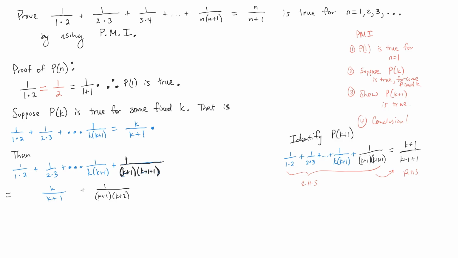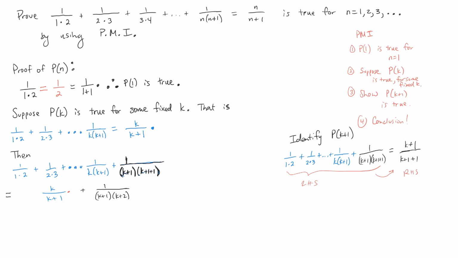And now you're familiar with this. This is where we do our busy work. This is where we show evidence. We show lots and lots of evidence and try to get to the right-hand side. Our end goal is here, but this is the expression that we have to work with now.